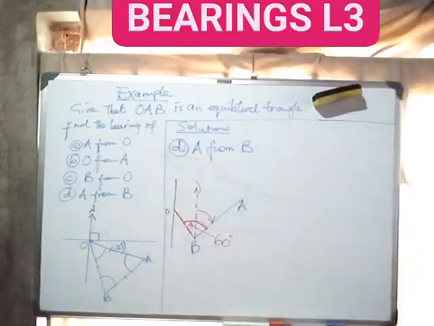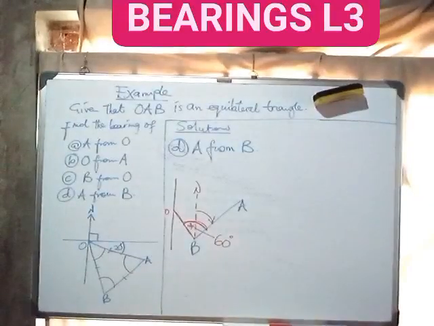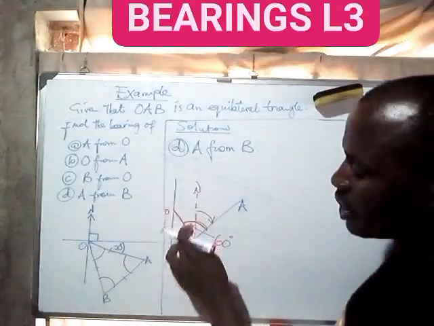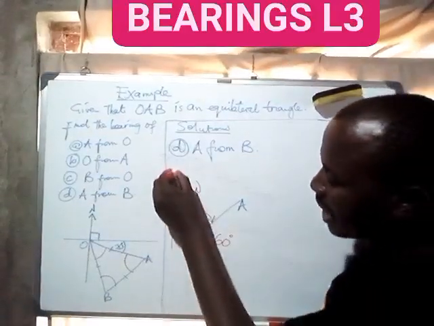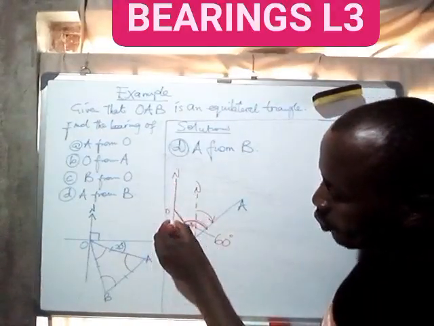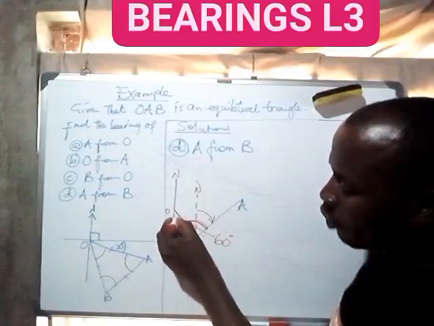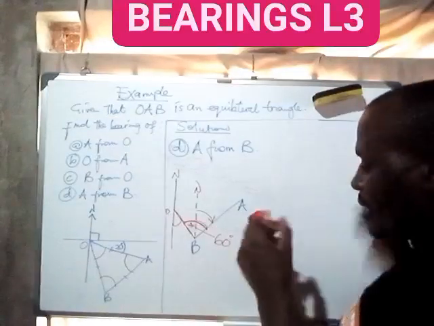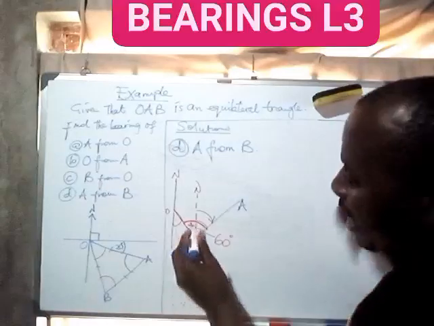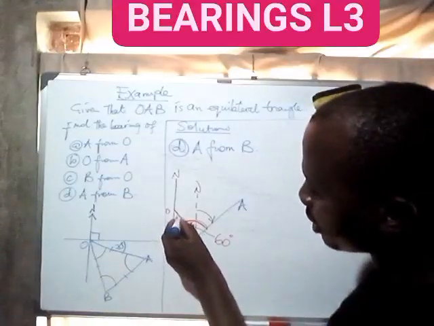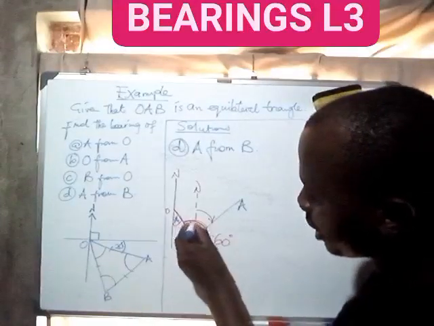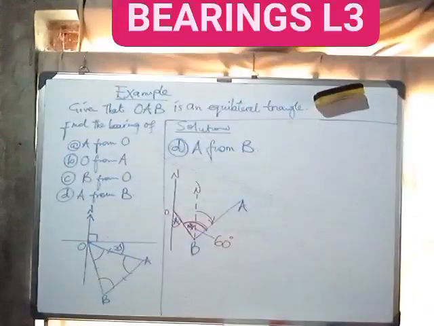Now, how can we know this? Since this is our O, we can use the principle of opposite angles. I am saying this angle here and this angle here are the same.